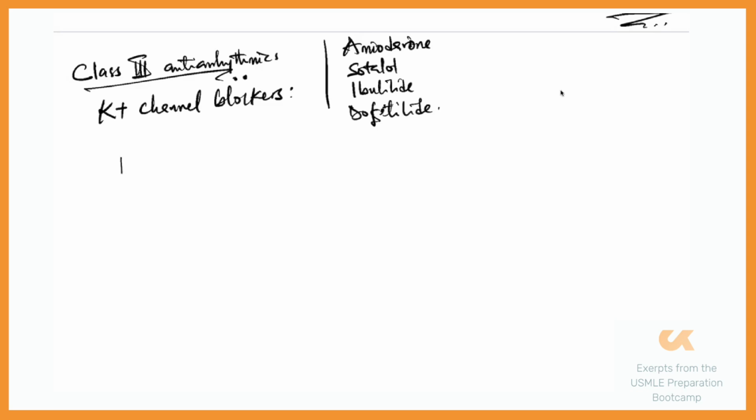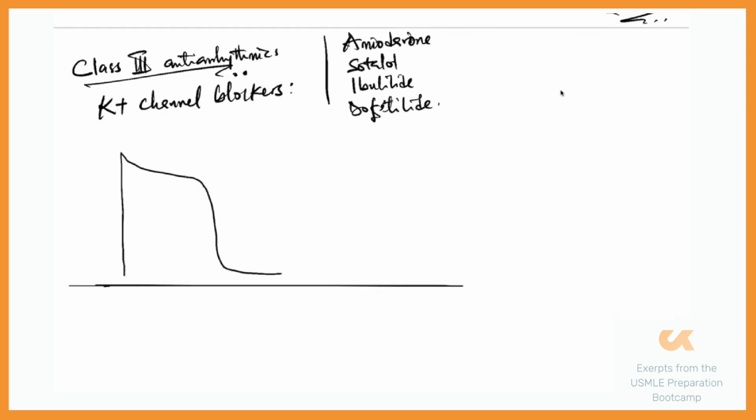So if I drew the myocardial action potential graph, where do you think these medications are going to function? What part of this graph do you think these medications are going to work on?